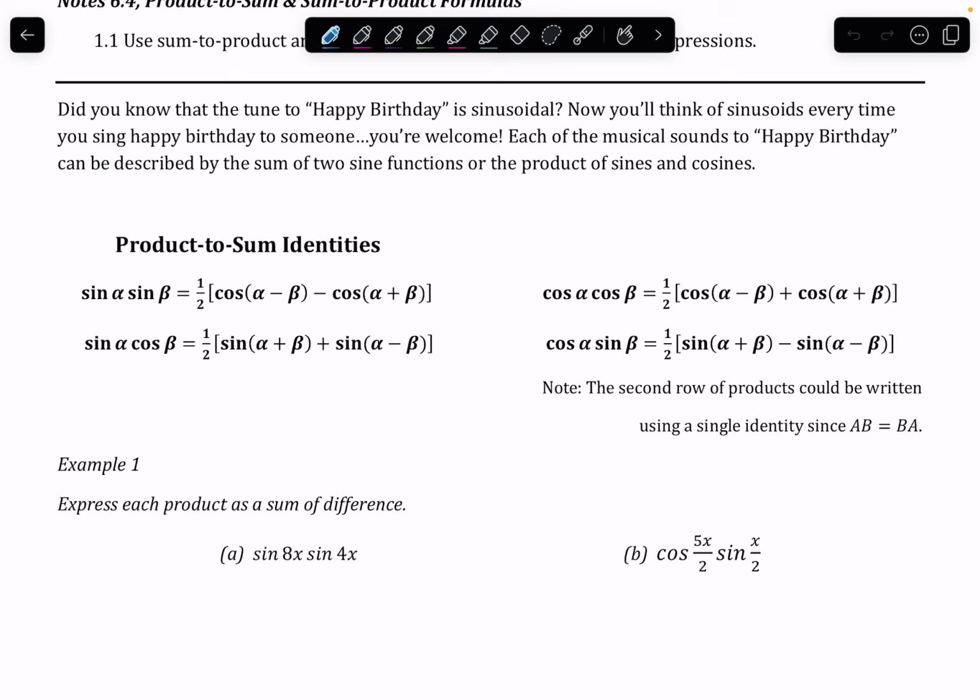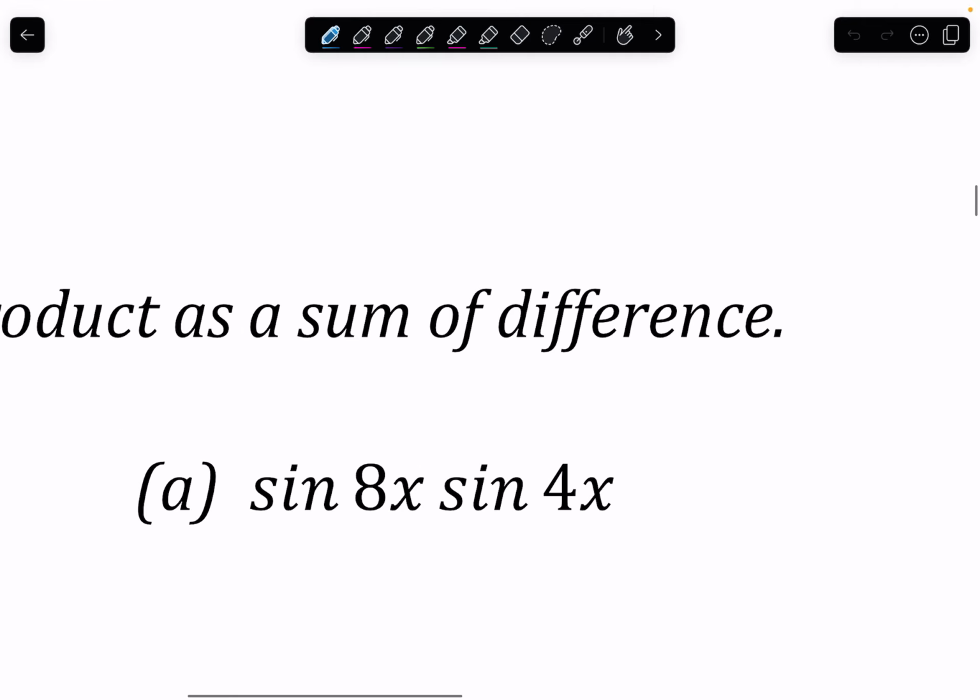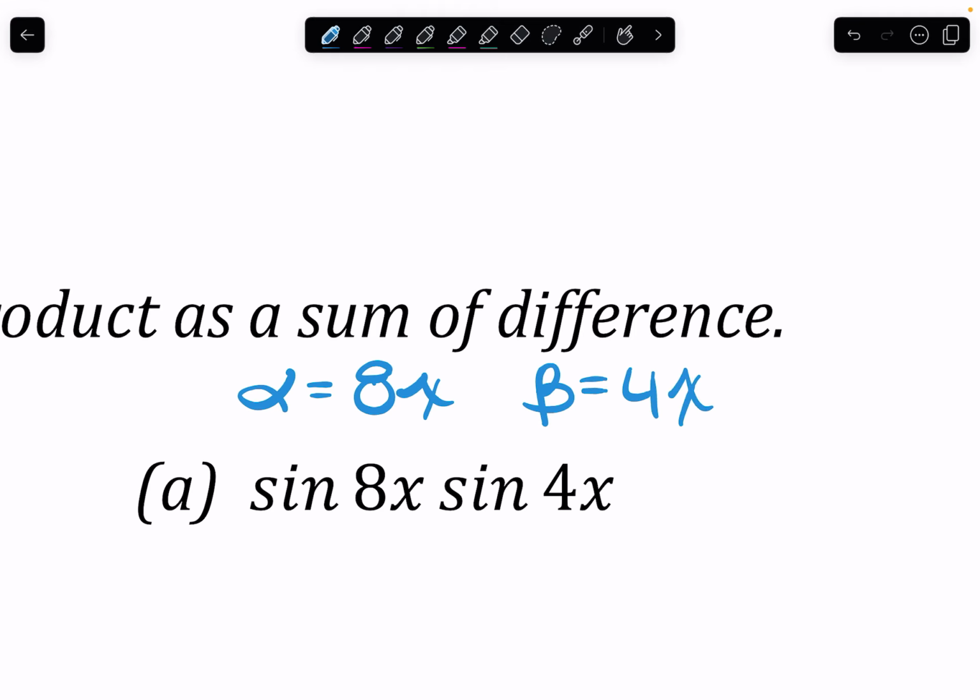All right, example 1, express each as a sum or difference. So I'm going to use the angles to identify. Our first one is the sine and sine. So here, alpha, just so we can relate that formula at the top, is 8x, and beta, that's the B, looks like a B with a tail, is our 4x. So we're using our product to sum of sine times sine.